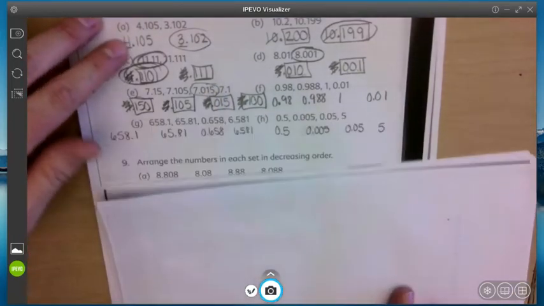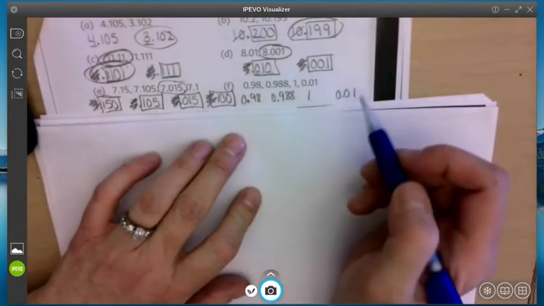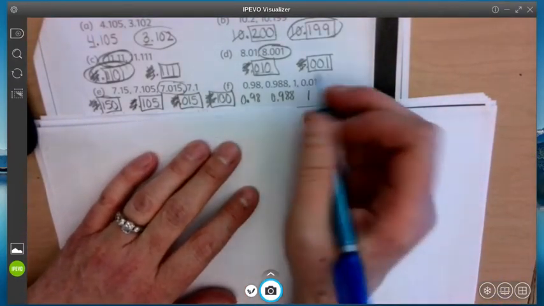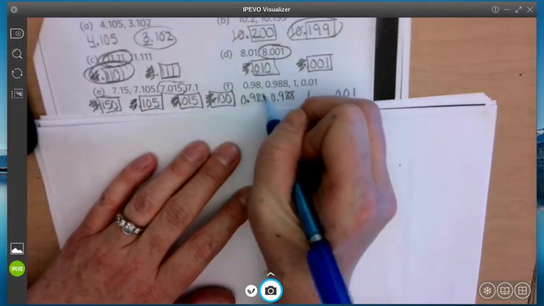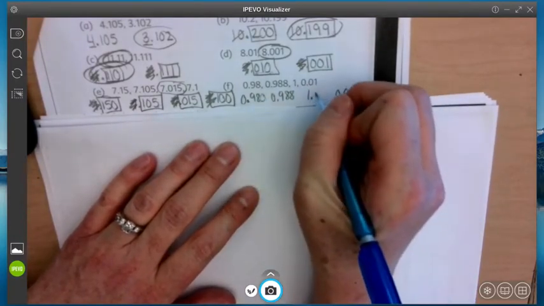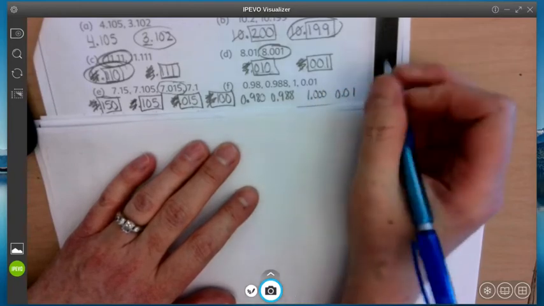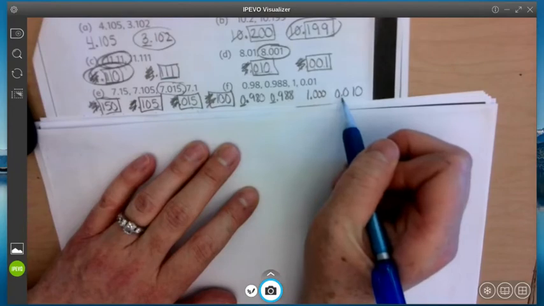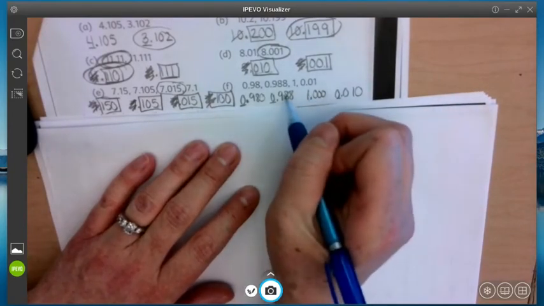I'll do one more. Again, I just rewrote it. I can see I have 3 digits after the decimal, so I make them all have 3 digits. I only need to add one 0 here, and this one's a little bit tricky. I think they're trying to trick you there. See how these all start with 0, except for this one? This one's the biggest because this is almost a whole.